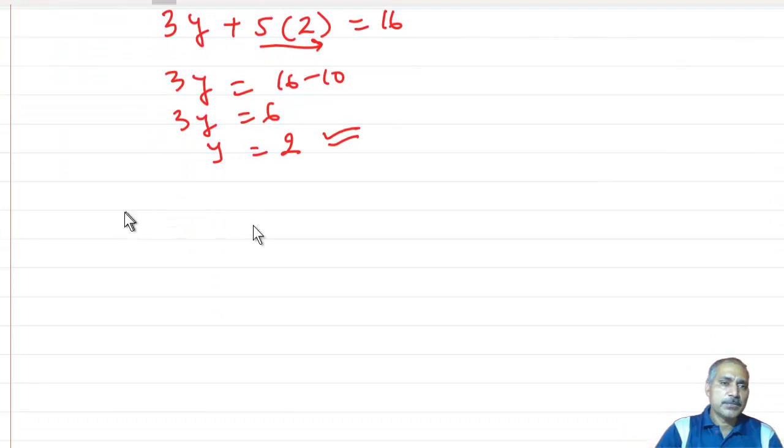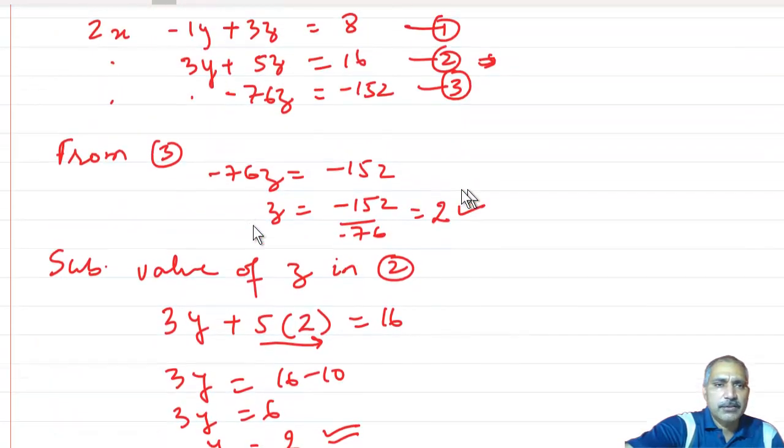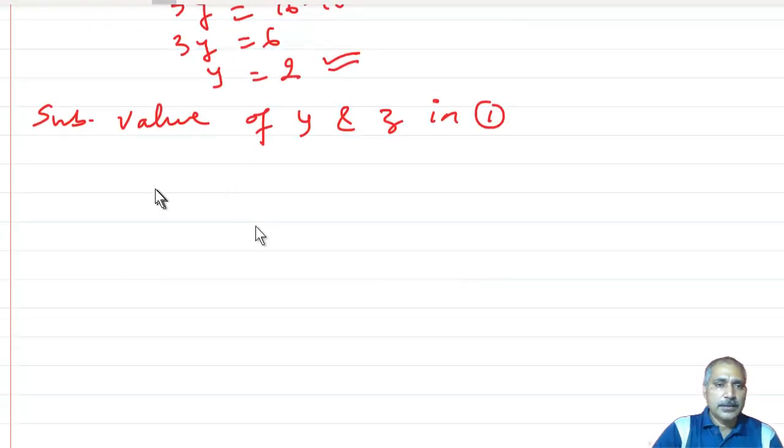Now substituting the value of y and z in equation number 1. Now what is equation number 1? Let us see that first. It is 2x minus y plus 3z is equal to 8. It is 2x, then the next one is minus y, y is 2, we will put that.